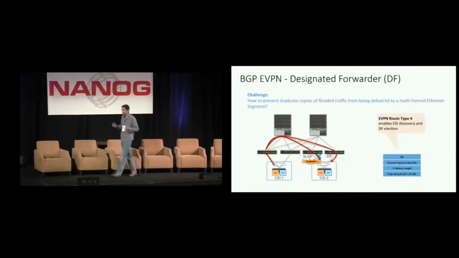Now, if there is a multi-destination packet from the host, like a broadcast packet or unknown unicast layer 2 packet or a multicast packet, that BUM traffic needs to be flooded to all the remote leaves that are part of an EVPN overlay. So this would include hosts that are multi-homed across multiple leaves.